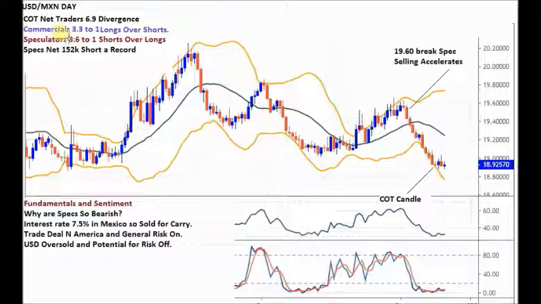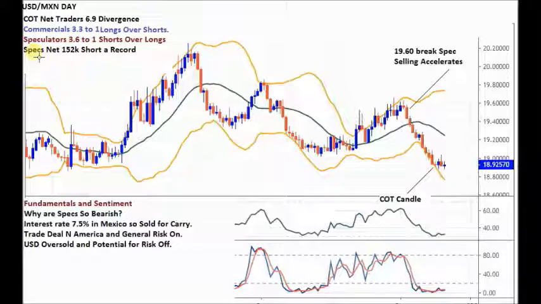We can see commercials, I've just done a simple ratio, 3.3 to 1 in terms of longs over shorts. So they're pretty bullish. Speculators, 3.6 to 1 shorts over longs. They're pretty bearish. And look at the COT Net trade positions all the time. And we know specs have got a record net short position, which I've just written out there. So, specs just so heavily short.